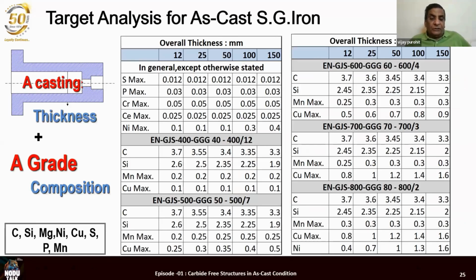Yeah, this is a very important figure. This is another slide you must take a photograph of and keep it in your mobile. Now there are three tables on the left hand side and three tables on the right hand side. These tables cover castings of wall thickness of 12 millimeters, up to 25 millimeters, up to 50 millimeters, up to 100 millimeters, to 150 millimeters.